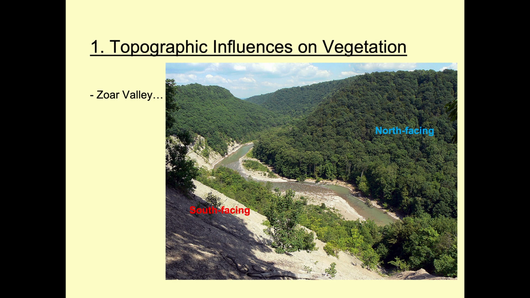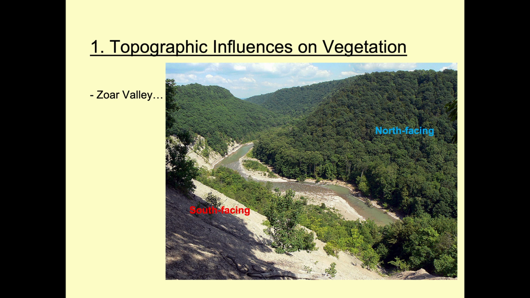Now here's an example of Zor Valley. This is a pattern that I saw the opposite in Devil's Hole. Again, this north-facing slope has all these really healthy trees. The south-facing slope actually has different trees. You're going to have trees that are more adapted to drier conditions.